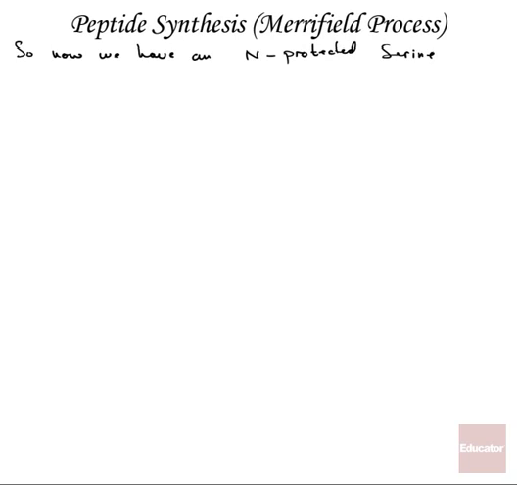Let me go ahead and do this in red. So let's take our FMOC, and let's take our serine, NCC. So that's our serine. Now let's go ahead and do reaction number 2.